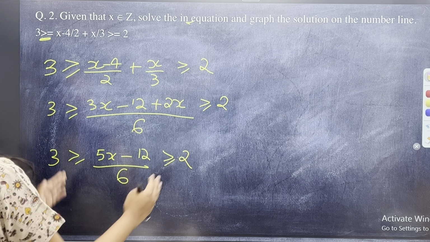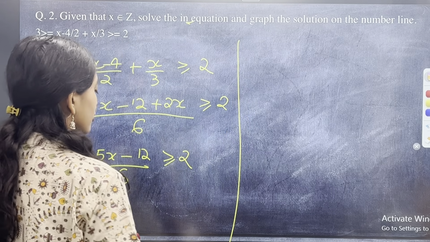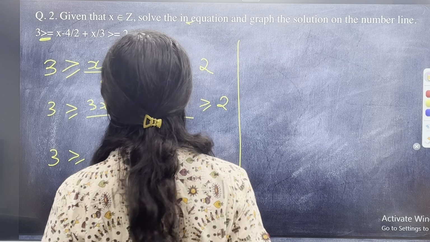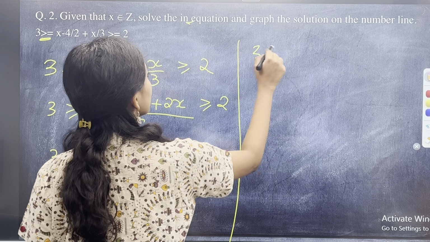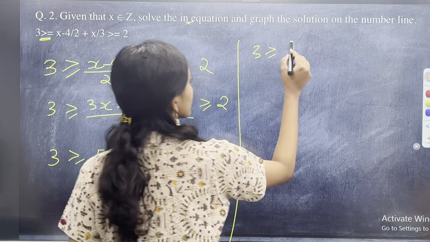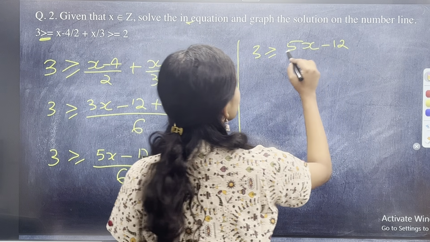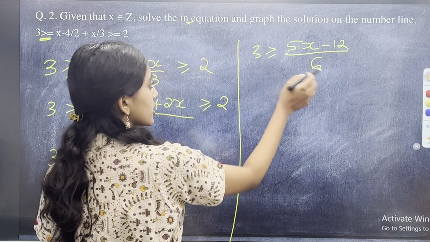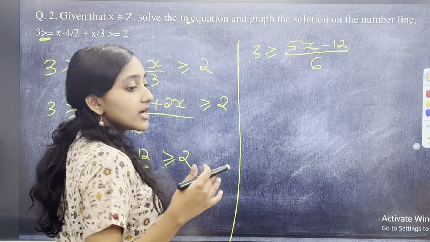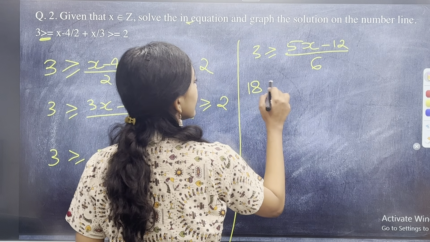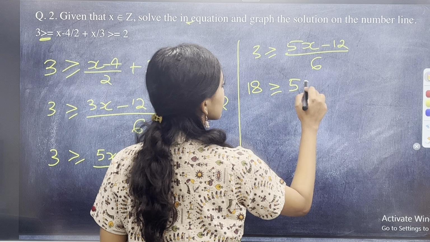Now let's do it separately. This is the procedure which I want you to follow for any question which comes. Please follow the same procedure. 3 is greater than or equal to 5x minus 12 divided by 6. Let us do cross multiplication so that we remove the denominator, I'll tell you this after this question. 6 3s are 18 is greater than or equal to 5x minus 12.